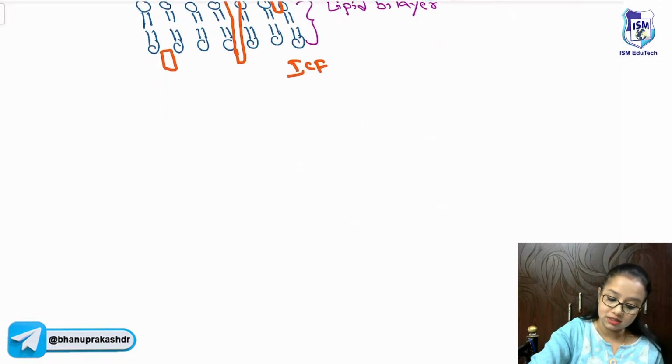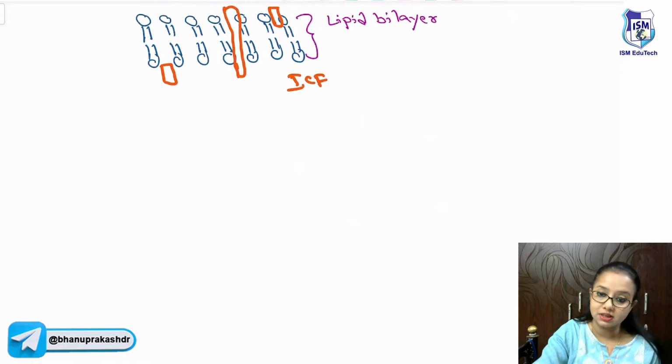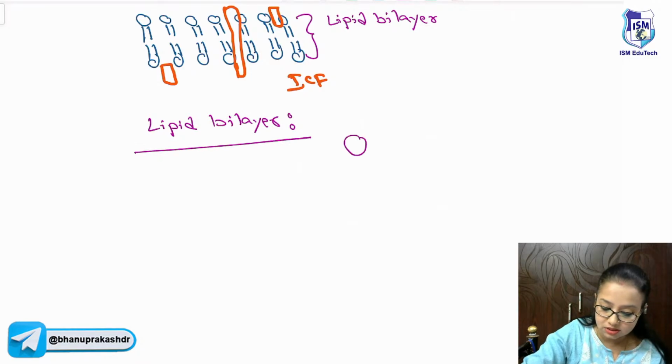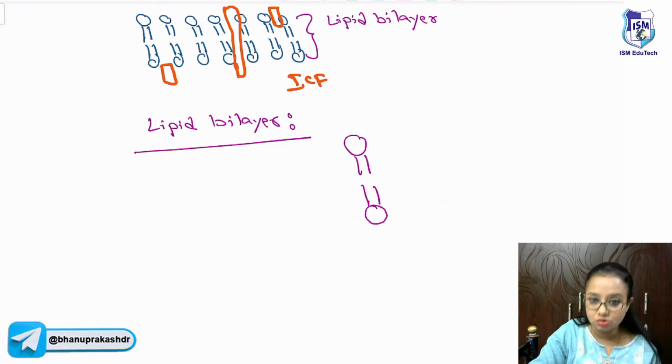Now, this globular head is nothing but the lipid bilayer. So, how does a lipid bilayer look? This is a lipid bilayer. Bilayer means two layers.